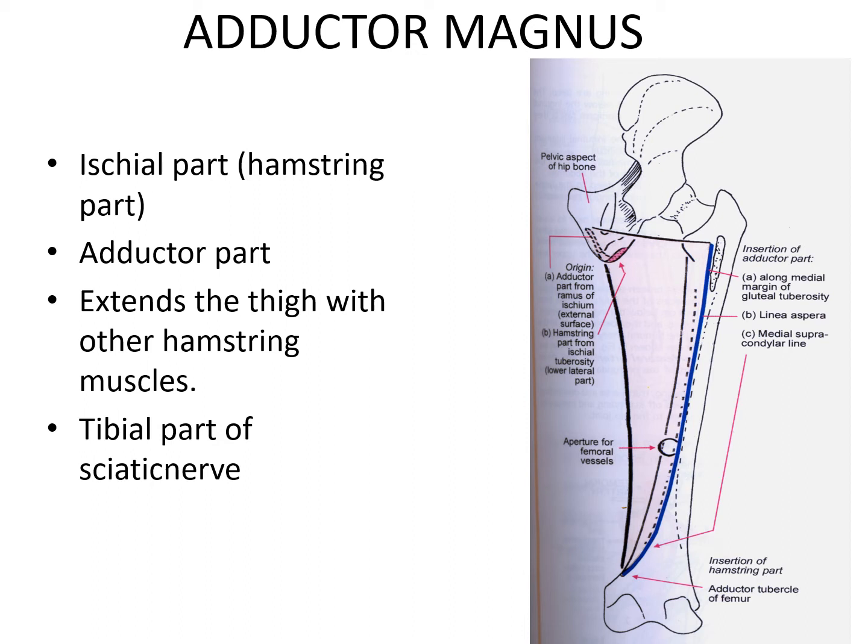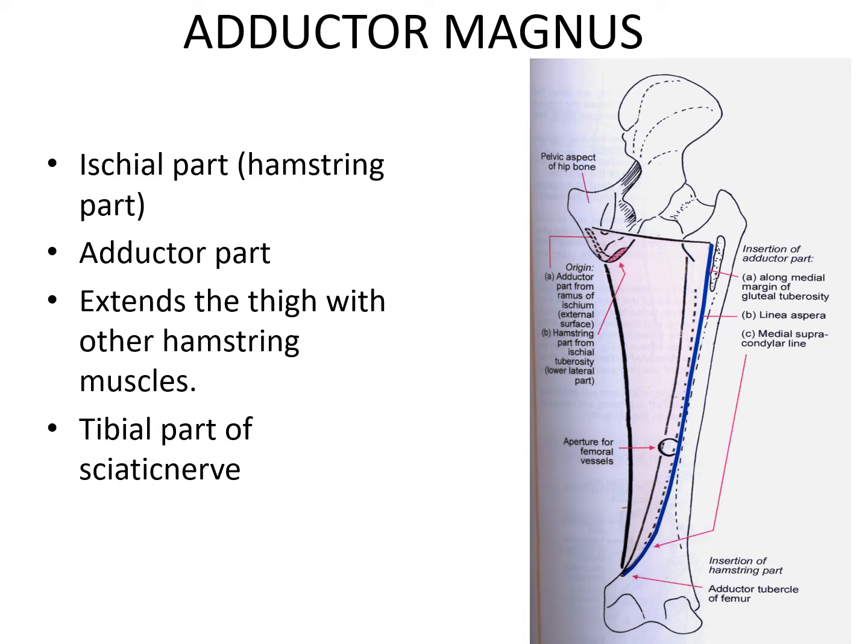Adductor magnus, the ischial part, is the hamstring part. Adductor magnus has two compartments. It is present on the medial side of the thigh and also in the hamstring compartment. The adductor part forms the medial side of the thigh and the hamstring part is at the back of the thigh. It extends the thigh with the other hamstring muscles, supplied by the tibial part of the sciatic nerve.